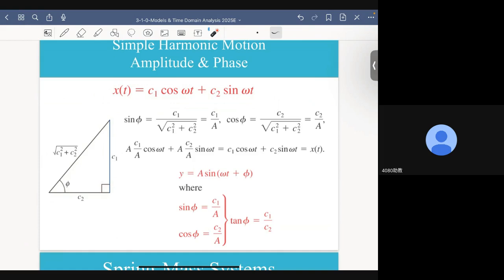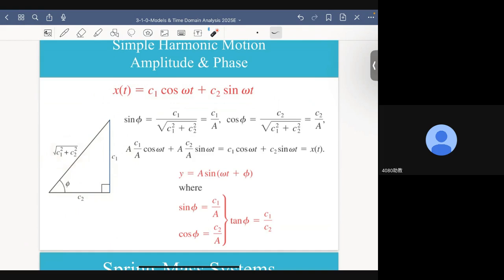So let's assume the length of this side is C2 and the length of this side is C1. And of course, the length of this side is C1 squared plus C2 squared, and then we take the square root, all right?